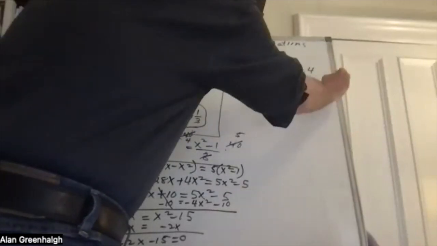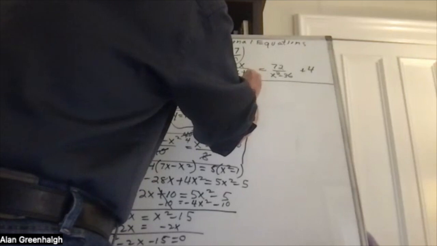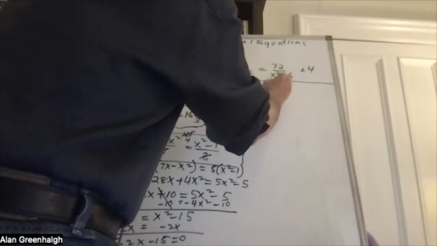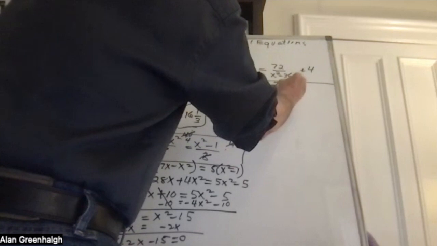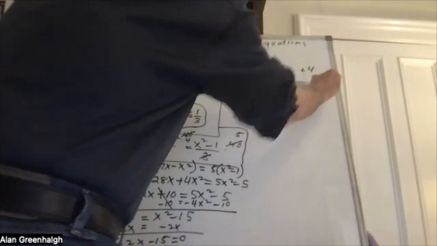Now, let's rewrite the problem, because we would like to keep the pristine nature of the equation. And let's actually factor this. That may help us to find the common denominator.